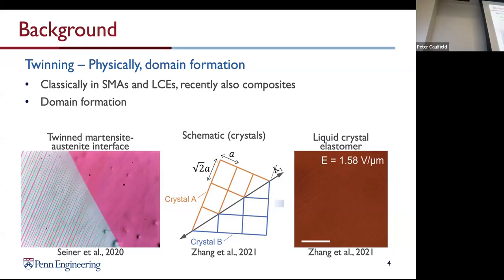And what you see in the martensitic phase is these fine layers alternating back and forth, and those correspond to alternating directions of the crystals inside there. And you get these very, very fine layers, which is what we mean by twinning. You can also see something similar in liquid crystal elastomers, where you have some sort of director inside the elastomer, and what you see with these fine layers is alternating orientations of that director inside of the elastomer. So you have these domain formations in these laminar shapes. So physically, that's what it is.